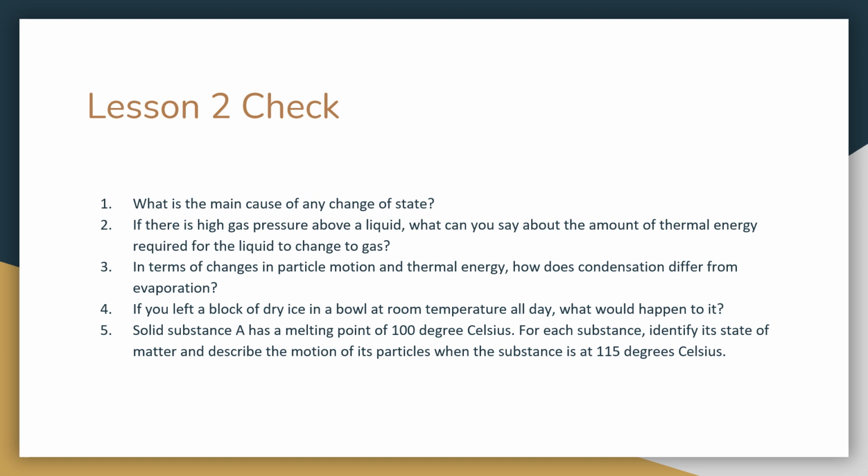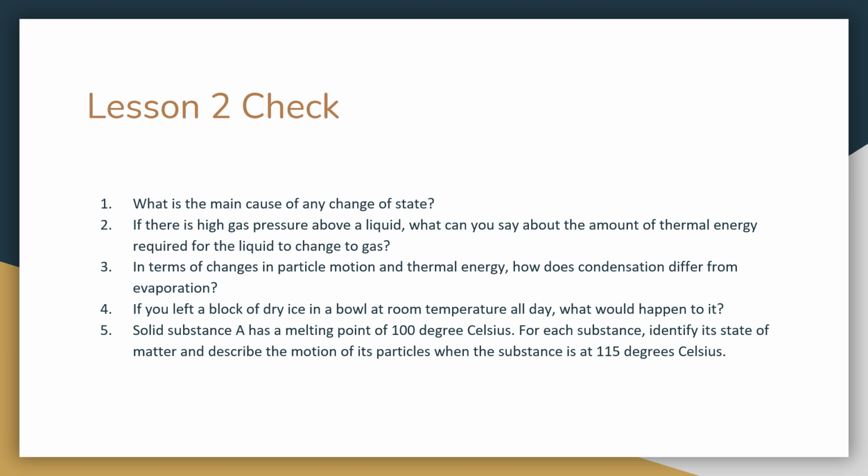Solid substance A has a melting point of 100 degrees Celsius. For each substance, identify its state of matter and describe the motion of particles when the substance. You will not be able to do that because I did not put all of the question there. However, you can do that in your workbook. So the full question is: solid substance A has a melting point of 100 degrees Celsius.